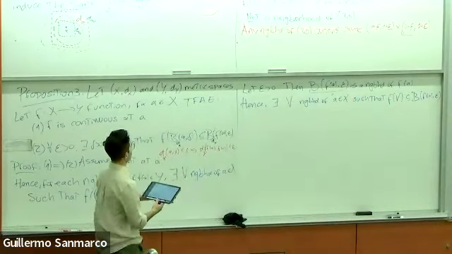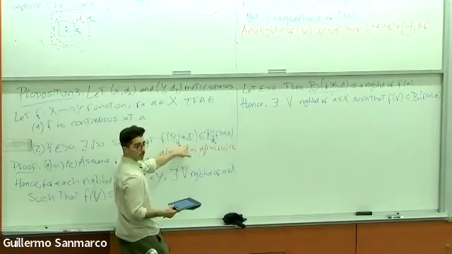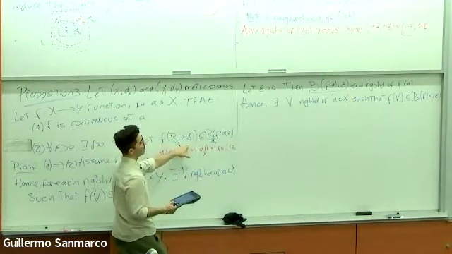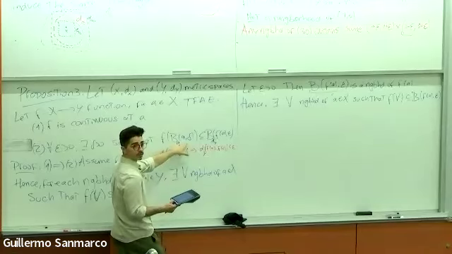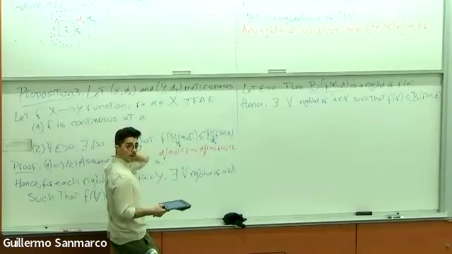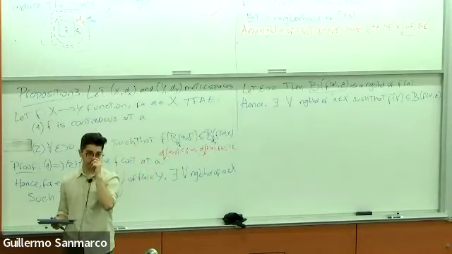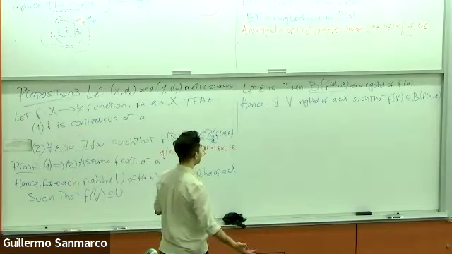Now, we're not done because we don't know if V is an open ball. We just know V is a neighborhood of A, but we don't know if it's an open ball centered at A. What can we do about that? Yeah, we need to use the metric.